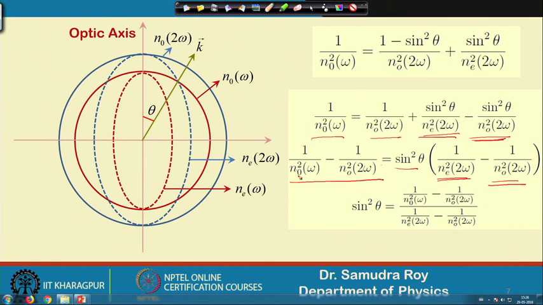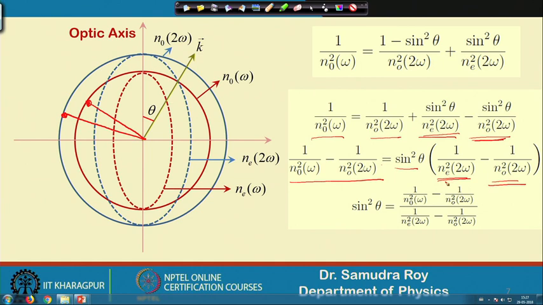So, if I say n_o of 2 omega, n_o of omega, that means I am talking about the radius of this quantity. So, n_o of 2 omega is the radius of this blue line, and this radius is basically the value of n_o of omega.